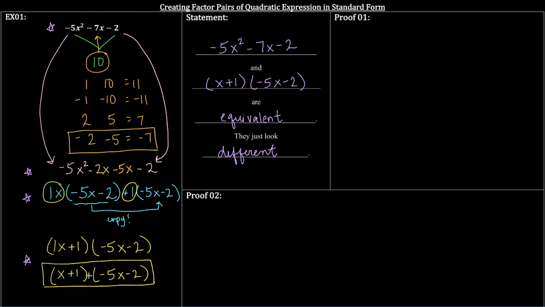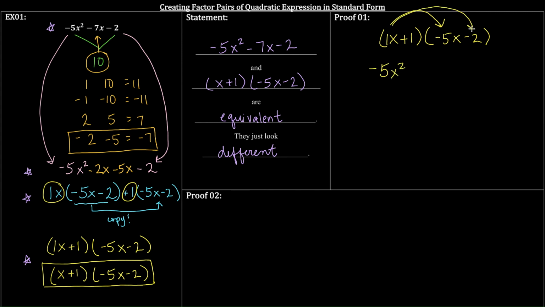First thing I'm going to do is take this x plus 1 and multiply by negative 5x minus 2. So a positive times a negative is a negative. 1 times 5 is 5, x times x is x squared.